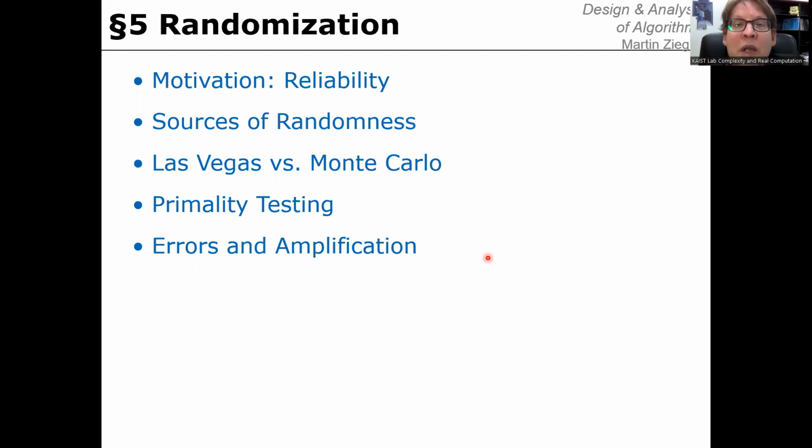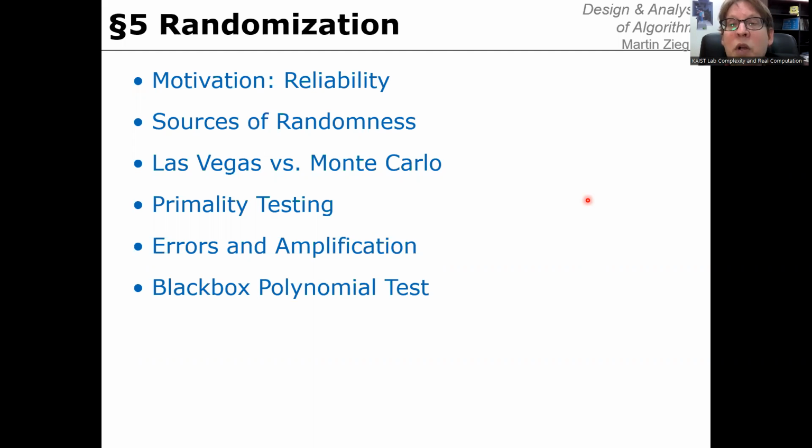We see how we can decrease the probability for such randomized algorithms to give wrong answers by means of amplification. First, algorithms with one-sided errors, and then algorithms with two-sided errors.